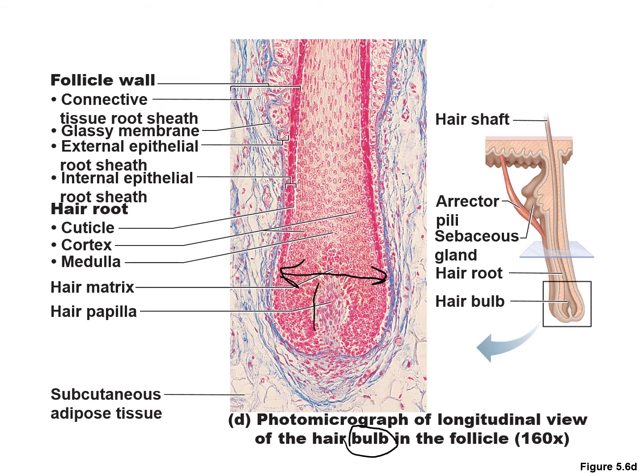This structure is called the hair papilla. And inside this papilla, you have connective tissue and some blood vessels and some nerves entering this part right here. Now, this part is called the hair matrix.